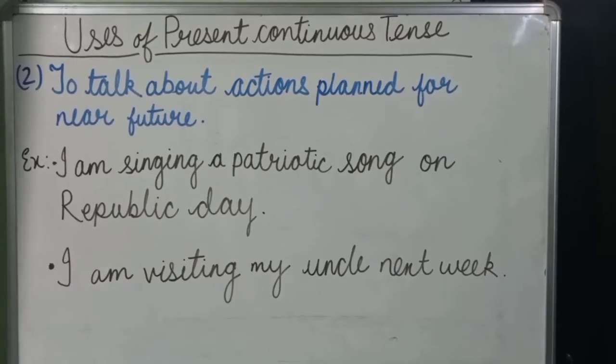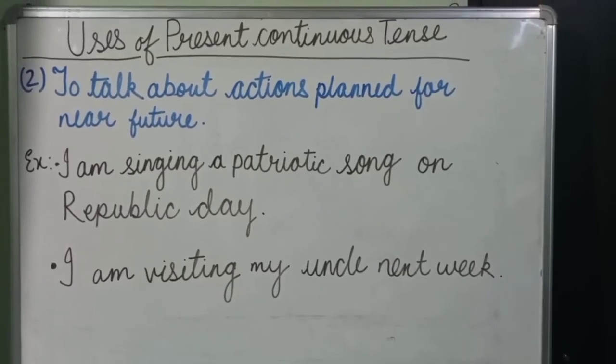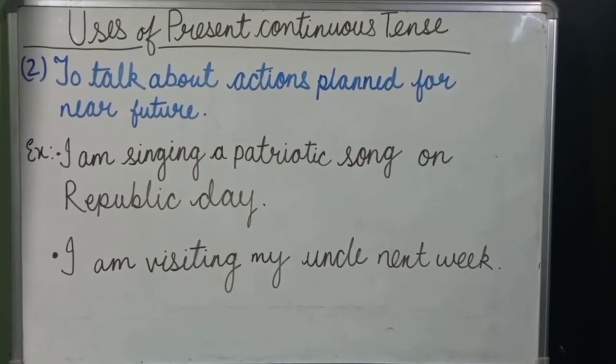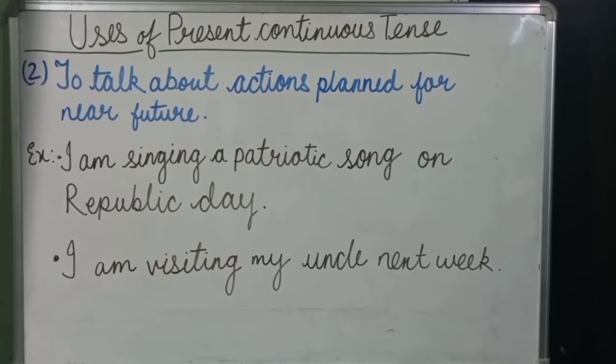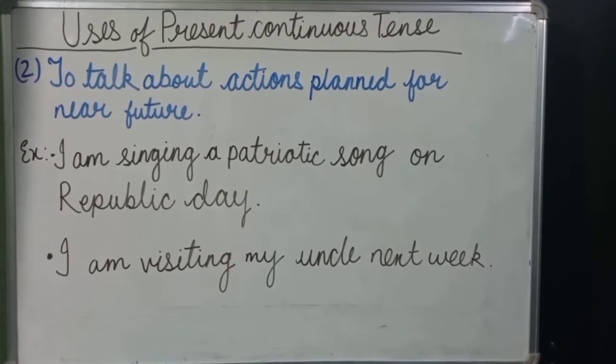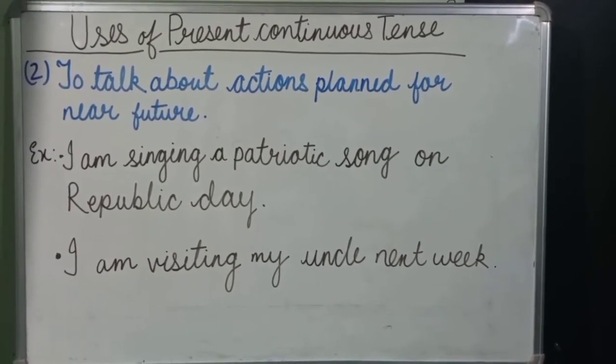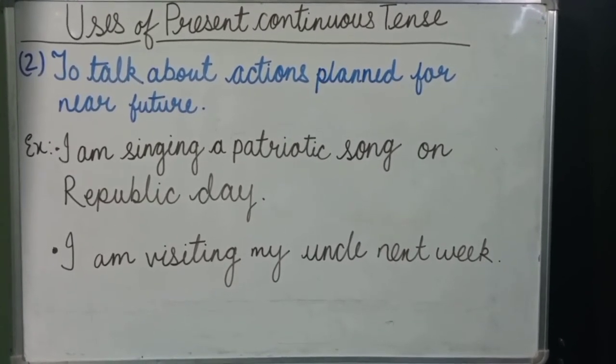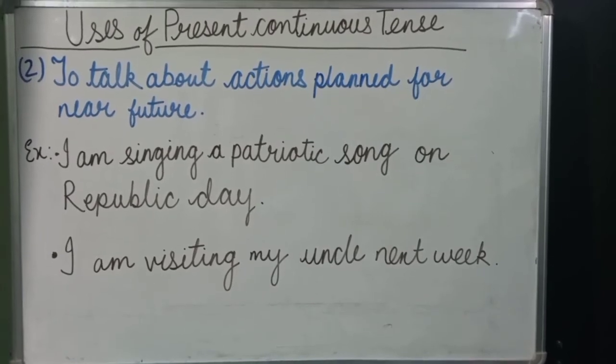Use number 2. To talk about actions planned for near future. Here, we can talk about actions not going on at the moment but will be happening in near future. For example, I am singing a patriotic song on Republic Day.